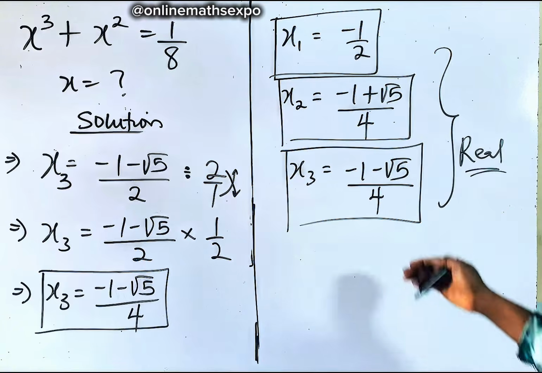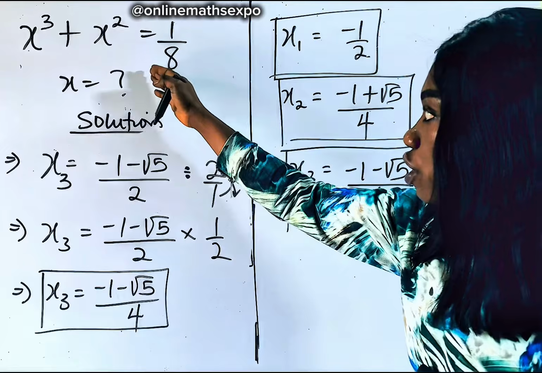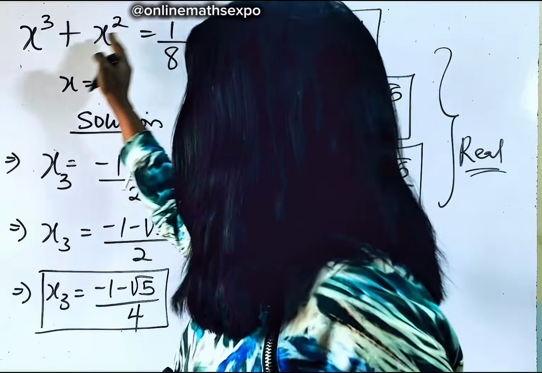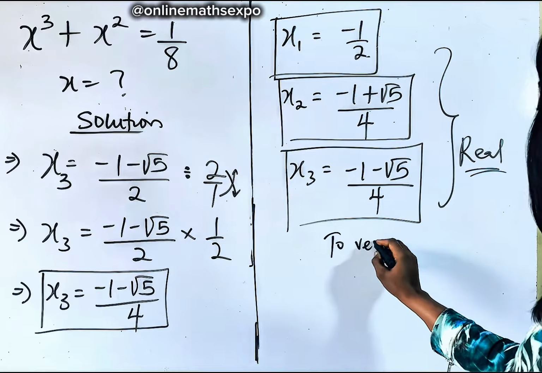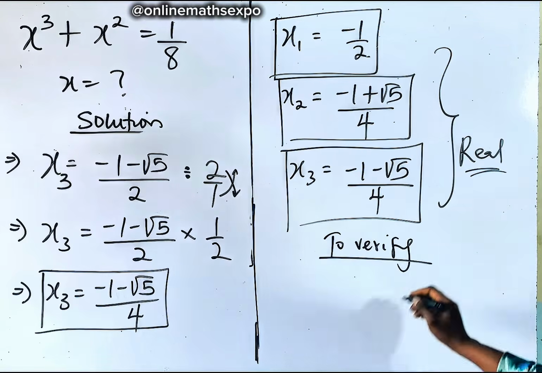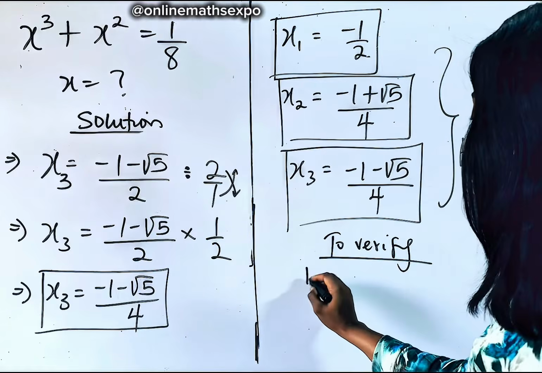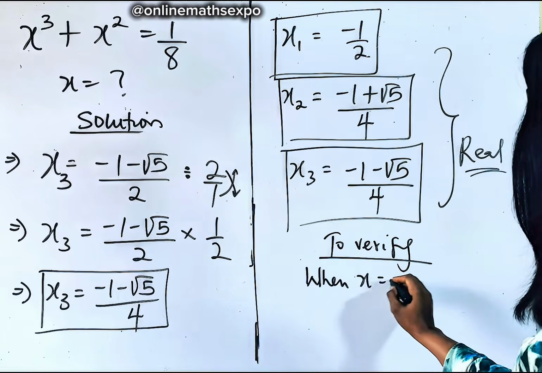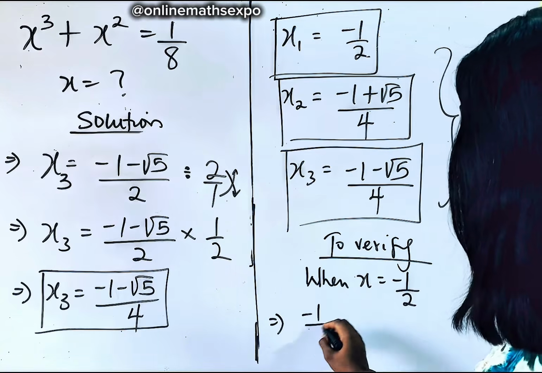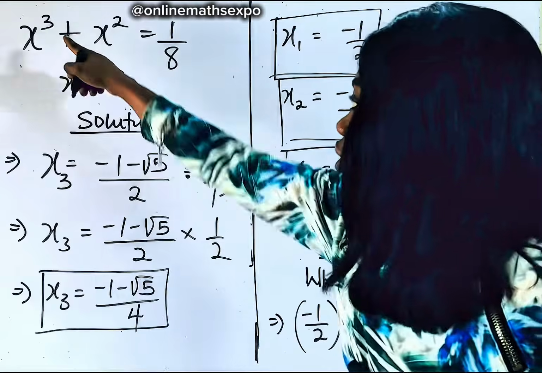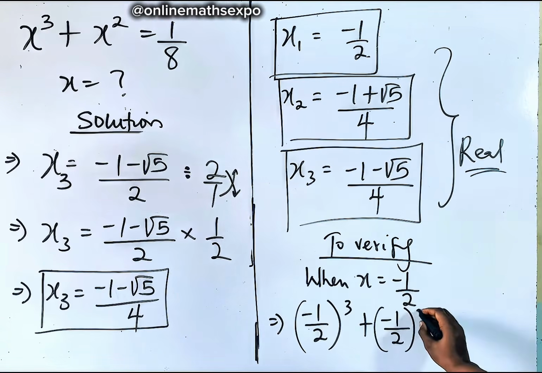Now, we are going to test only this first value of x, to see if it gives us 1/8 when we plug it into the left side. So to verify, from when x is equal to negative half, we have negative half raised to power of 3 plus negative half raised to power of 2.